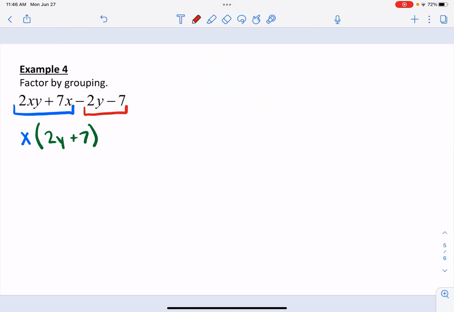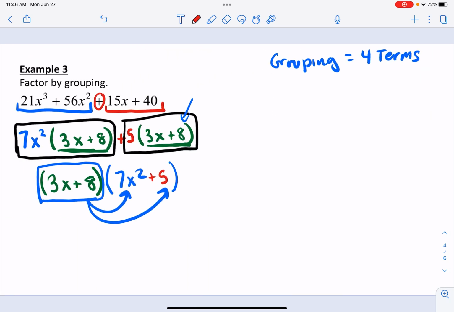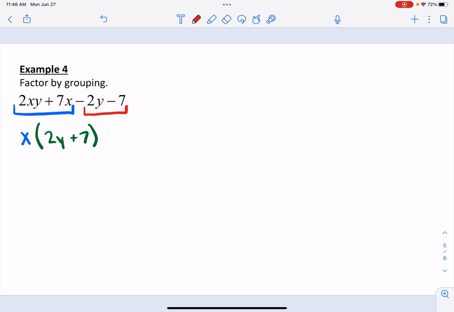Something that I didn't highlight in the last one, I'm going to go back to the last slide. This 3x plus 8 has to be the same thing in that first and last term. So that has to be the same thing. Going to this example, basically I need 2y plus 7 out of this term here.